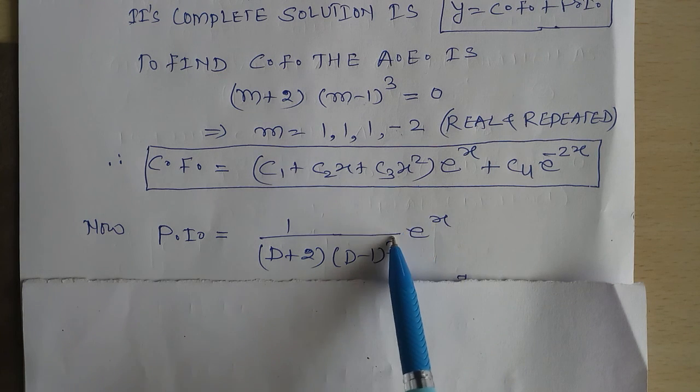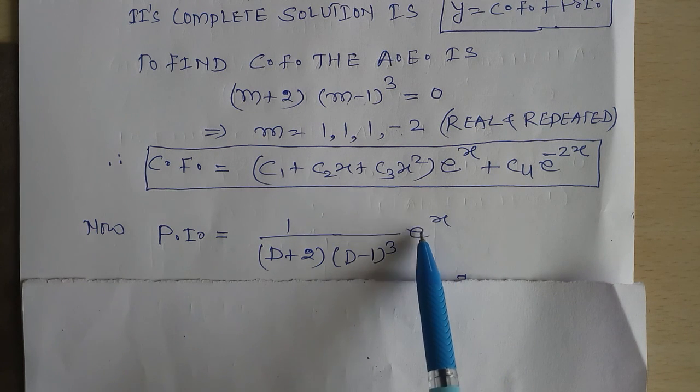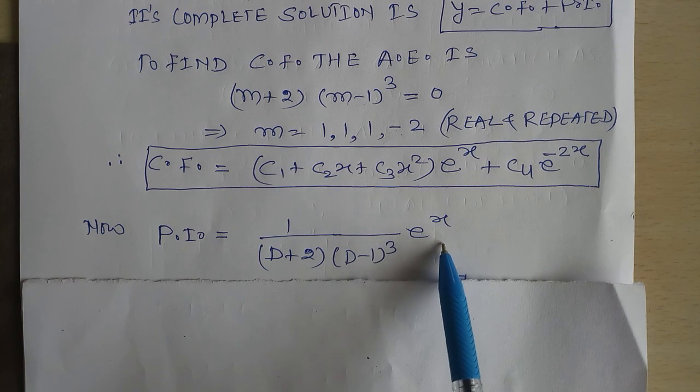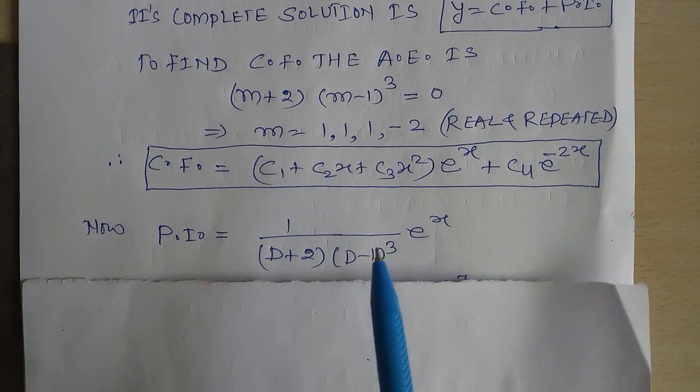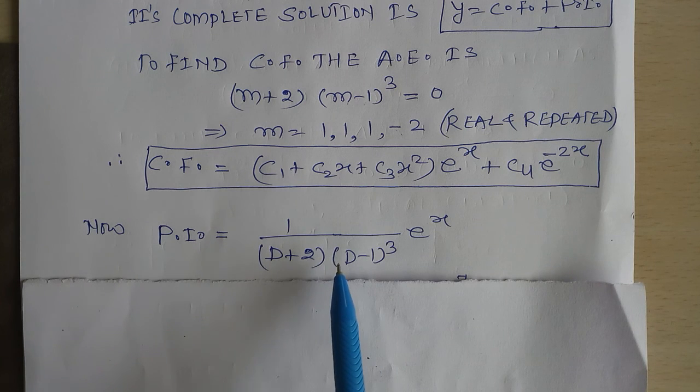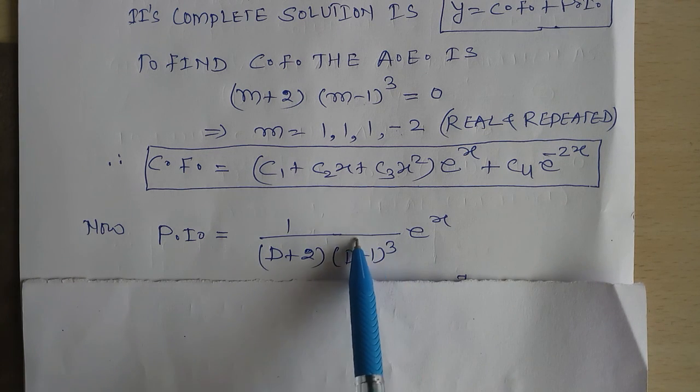So this is an exponential function of the type e raised to ax. In case of an exponential function, PI can be obtained by simply D replaced by a, and here a is 1, so D equal to 1. Now with D equal to 1, we get 0 here.